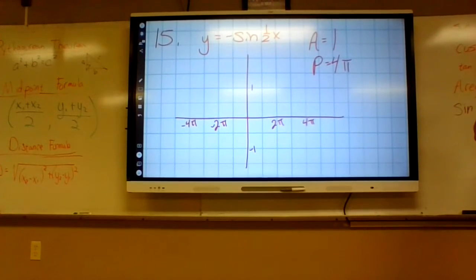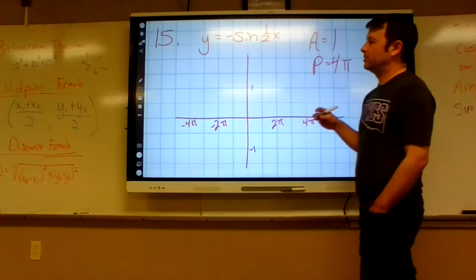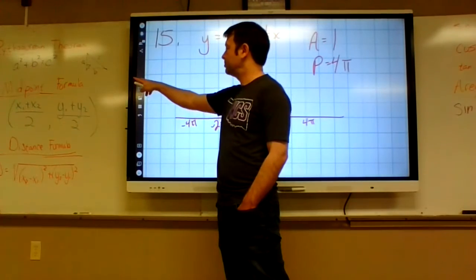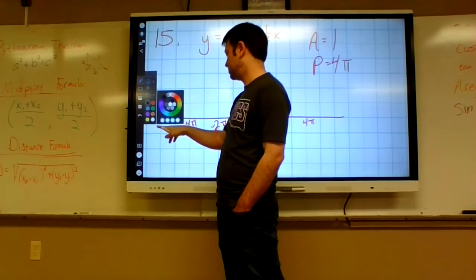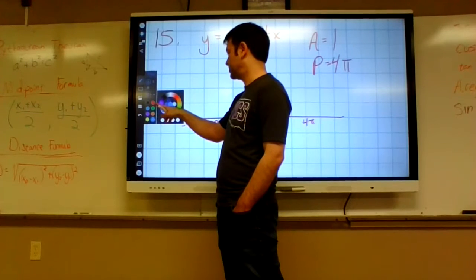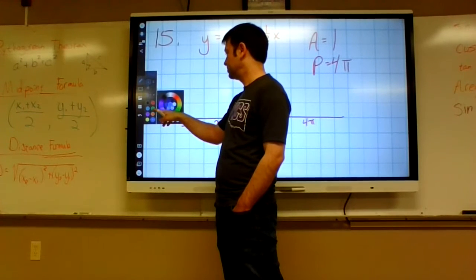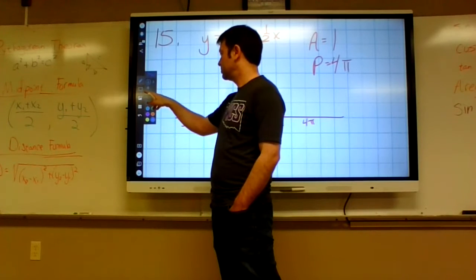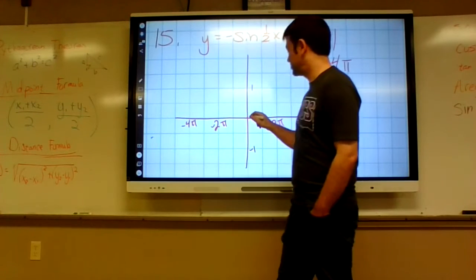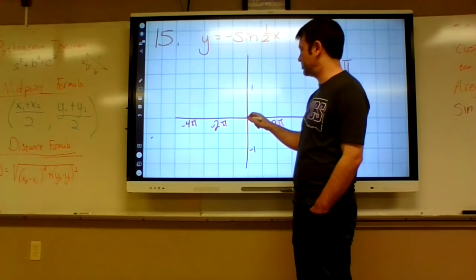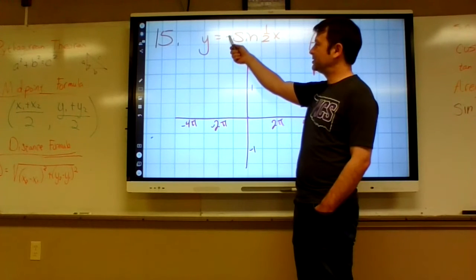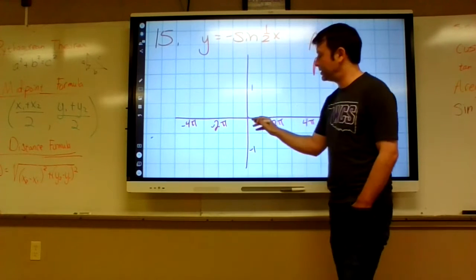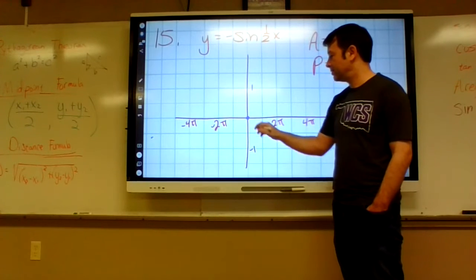Alright, do you guys remember what was happening at 0 with the sine function? At 0, the sine function was 0, but it was going up. But since it's negative, it's going to be going down. So it's still at 0, 0.